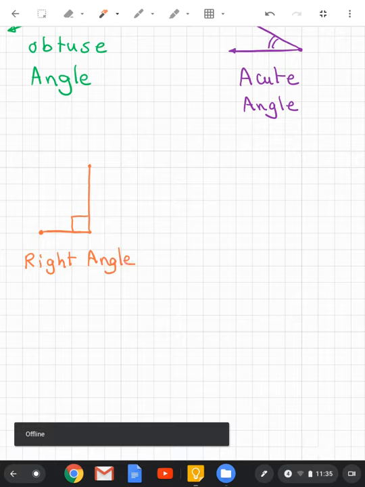You should know how to compare between the angles, to differentiate between them.